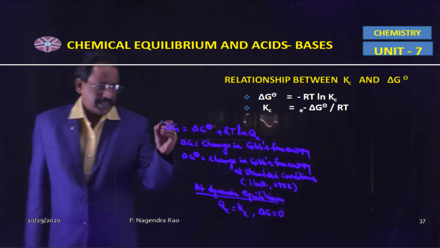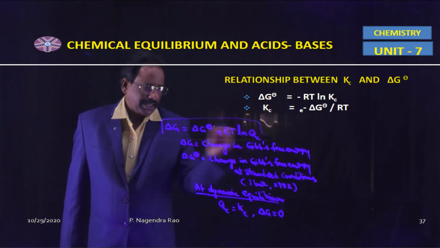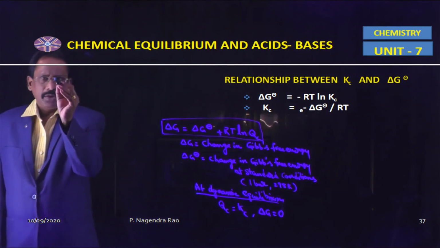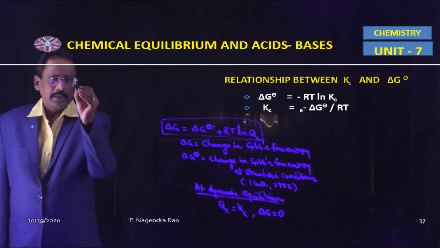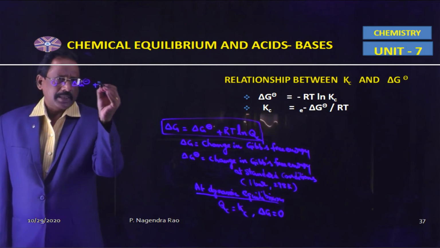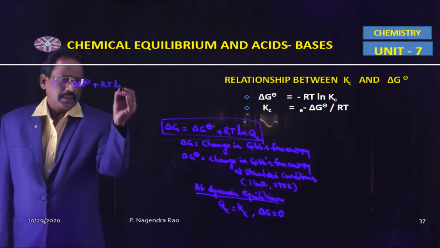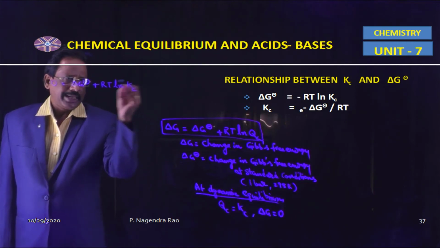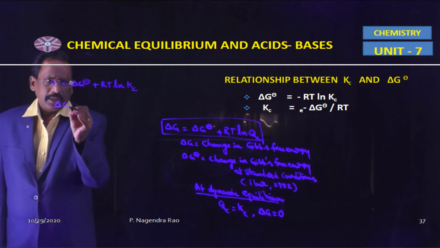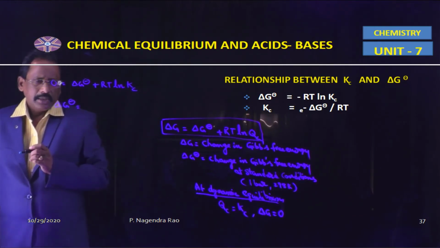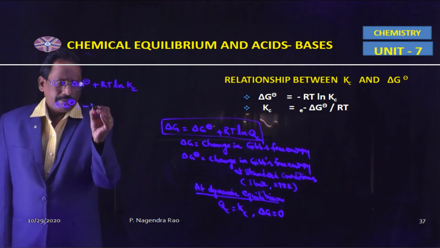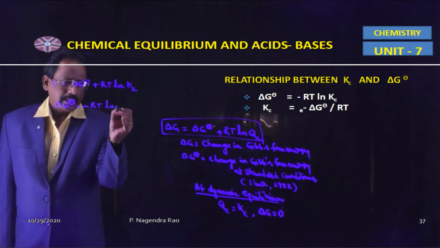Therefore this expression becomes, at dynamic equilibrium, 0 is equal to delta G at standard conditions plus RT natural logarithm of Kc. Therefore delta G naught, that means the change in Gibbs free energy at standard conditions, is equal to minus RT ln Kc.